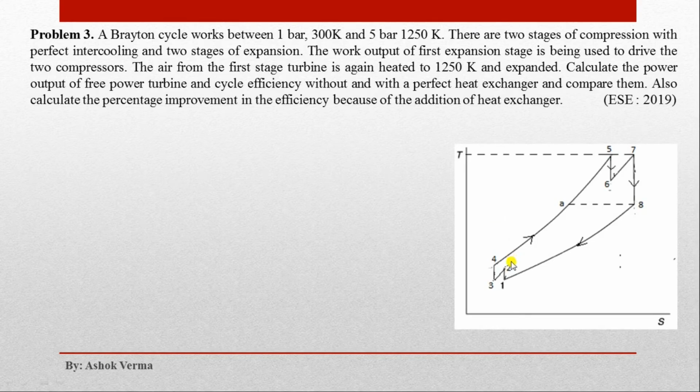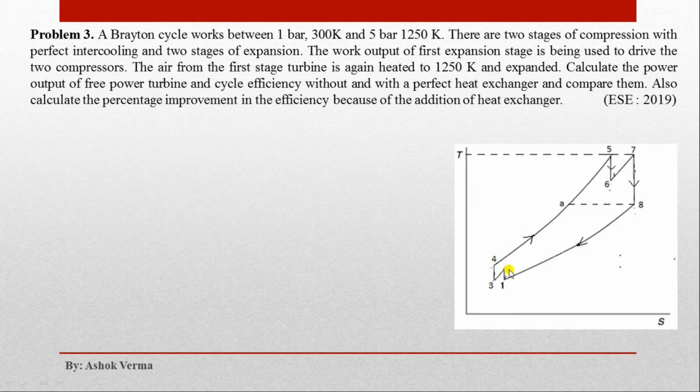For perfect reheating, the intermediate pressure, that is for process 2 to 3, will be equal to the square root of P1 into P2, the initial and final pressures. Here the initial pressure is P1 and the final pressure is P2. Because the compression is two stage with perfect intercooling, the intermediate pressure will be Pi equal to the square root of the initial and final pressure.